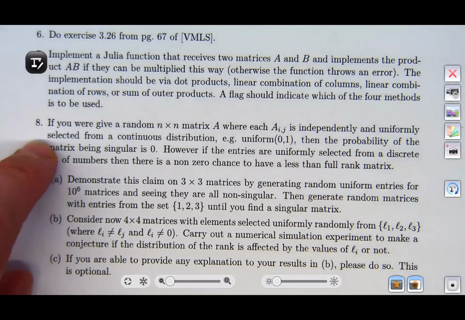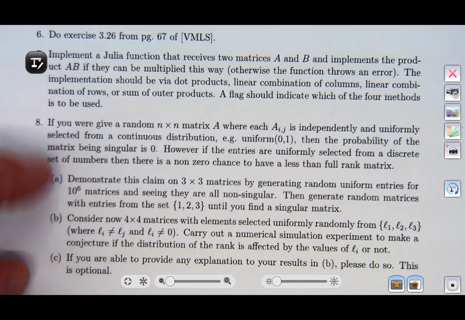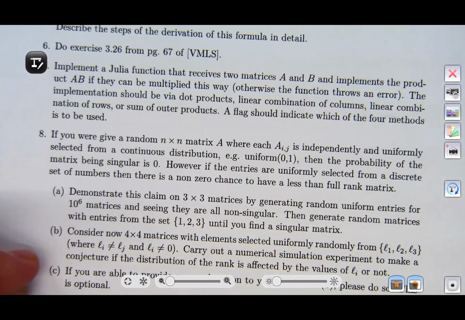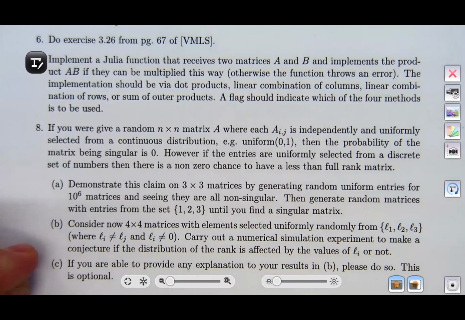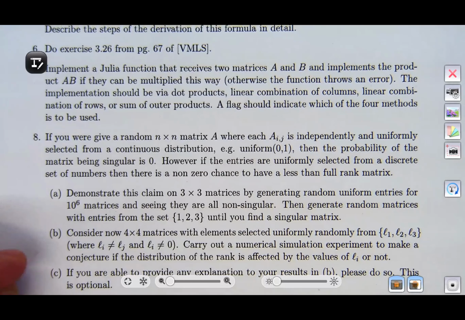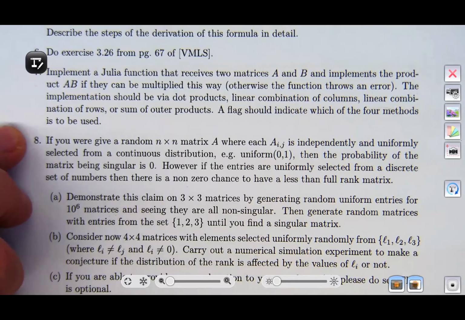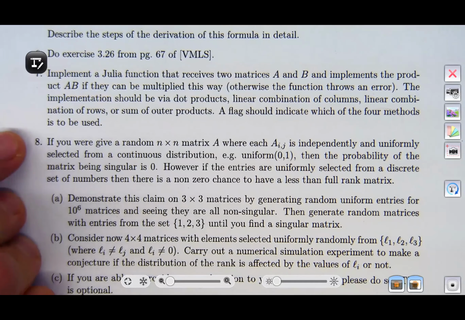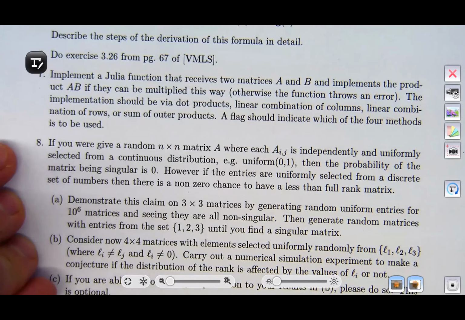Now, I haven't read this far yet, to speak correctly. So I think you could probably submit your Julia code, and I don't think you would have to zip it up because I don't think it's going to be too long, unless you have a lot of data coming out of it, in which case you might need to zip it up, all right? But we'll see. That's a couple weeks away.